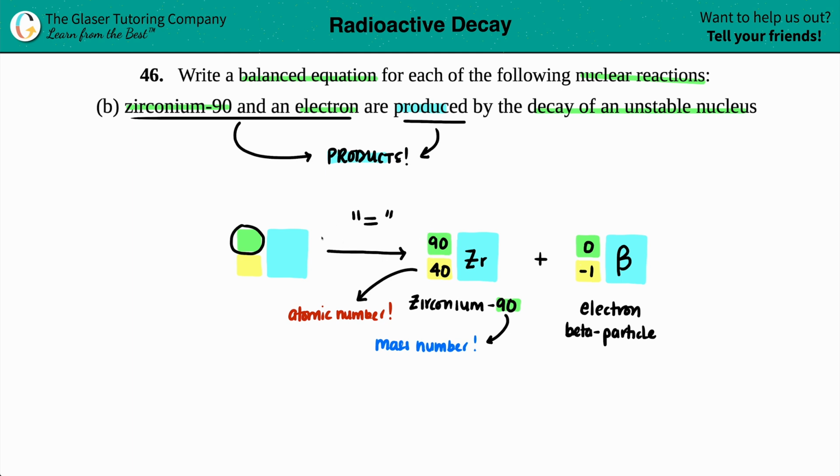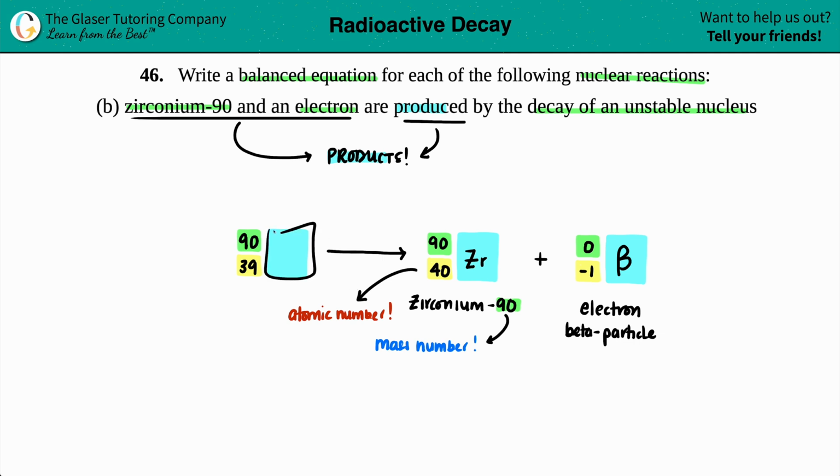So 90 plus 0 is going to equal, yeah, you got it, 90. Let's do the same thing for the bottoms. 40 plus a negative 1, that's 39. Basically, it's 40 minus 1.